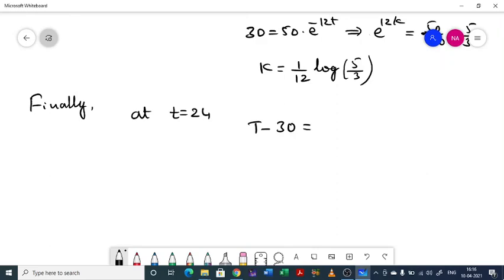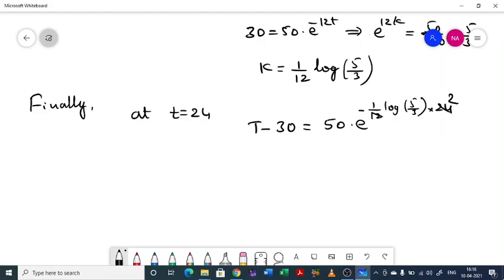Capital T minus capital T naught, that is 30 fixed, equal to C value 50 into e power minus k value, 1 by 12 into log of 5 by 3, into 24.